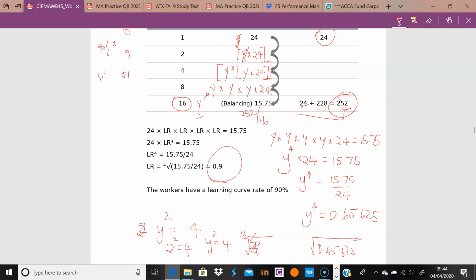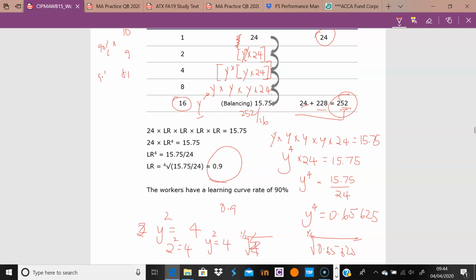But this is more a calculator thing. So just practice in your calculator how to find the fourth root of this, and then you'll be there. So your answer becomes 0.9.